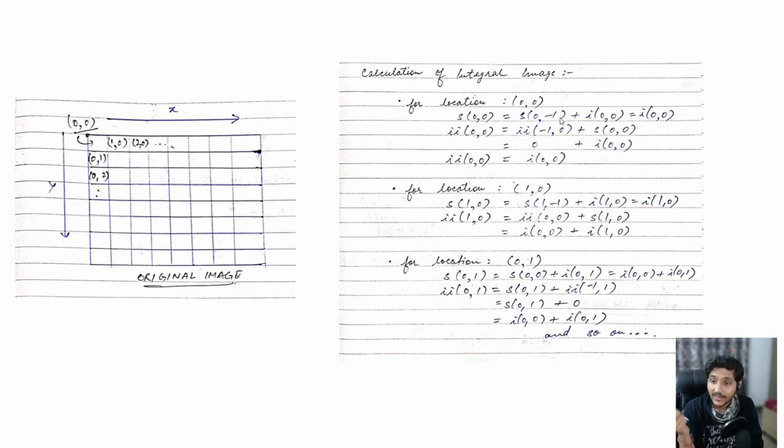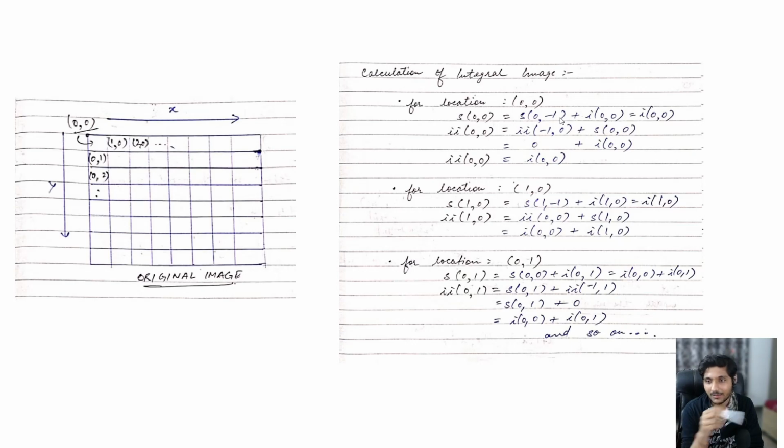Now what is going to be the integral image at 0 comma 0? You have the cumulative row sum. All you need to do is find the integral image to the left of this point. That means I of 0 minus 1 comma the y coordinate will stay the same. As I have discussed before, if the x coordinate is minus 1, then you have to put it as 0, because there's nothing like I of minus 1.